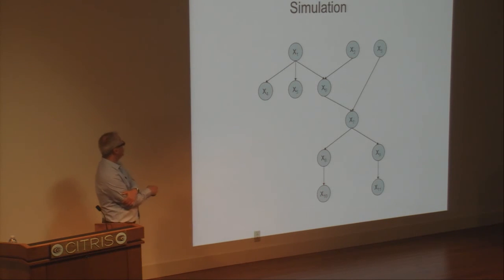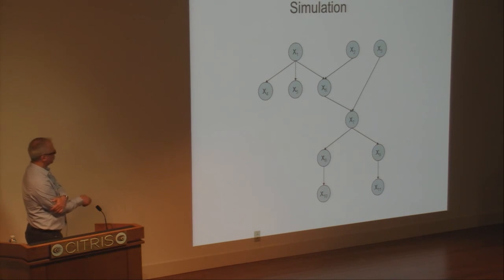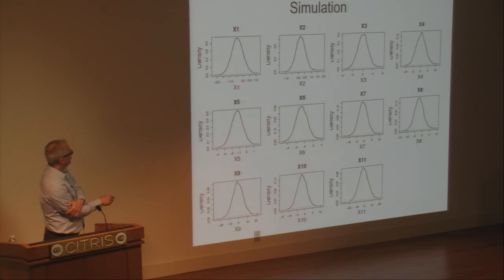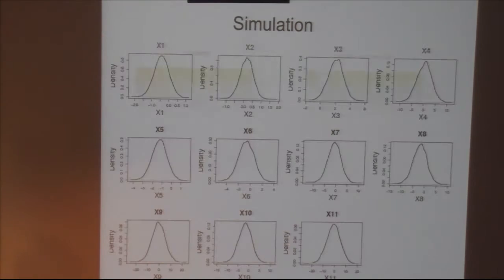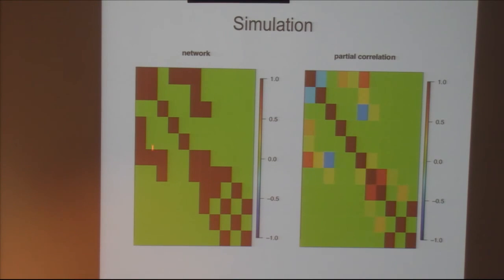So, a quick simulation on this. This was the network that we saw in the beginning. One simulates data according to some law. And this was the adjacency matrix of this network, and the dark entries are where there is an edge. This is the input data. And when we try to reconstruct it after simulating and adding noise, what we get looks like this. We have this little square up here that is recovered.